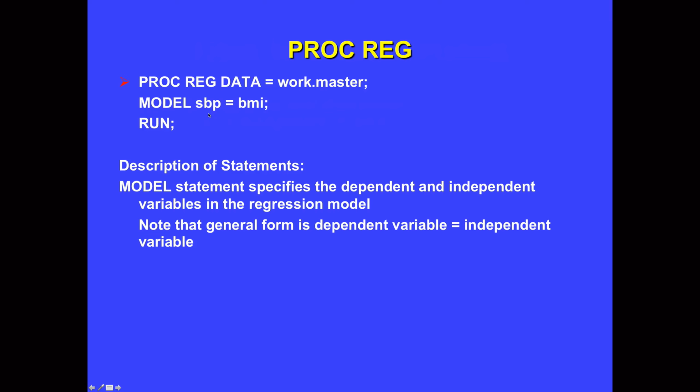Or in other words, generally speaking, y equals x, and in the specific context of our example, we want to regress the systolic blood pressure variable, SBP, across levels of the BMI variable. And the variable name for BMI is simply BMI. And we end with a semicolon and a run statement, and our semicolon. So why don't you try and run that now in your editor file, and then we'll jump over to the editor file and I'll run that and we can look briefly at the output.